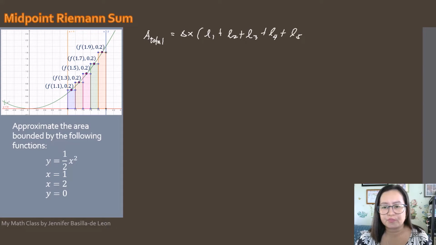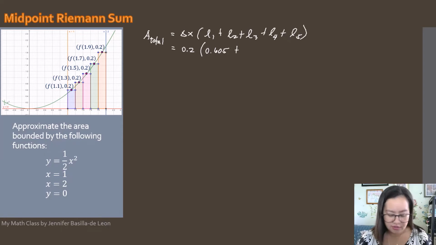So delta x is equal to 2/10. Then the length of the first rectangle is 0.605. The length of the second rectangle is 0.845.